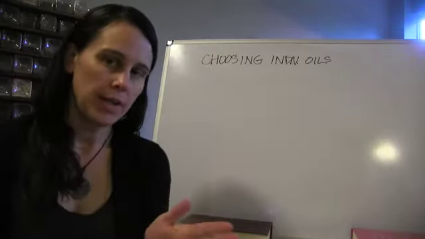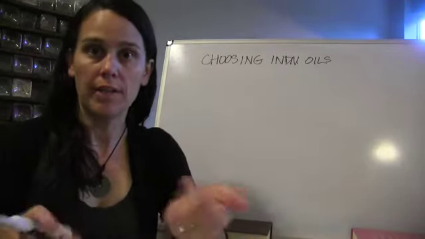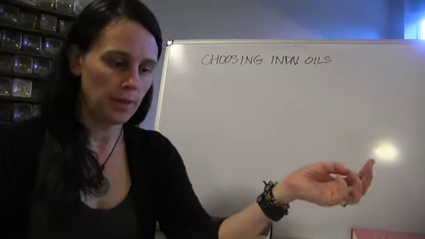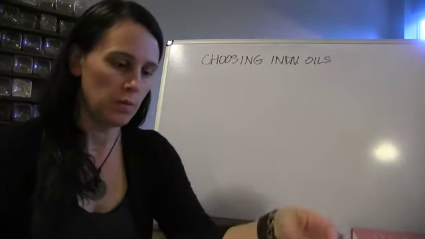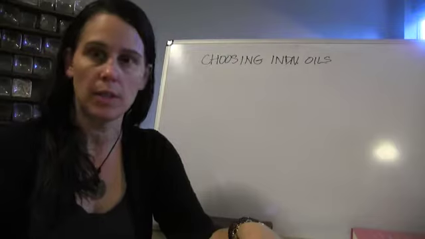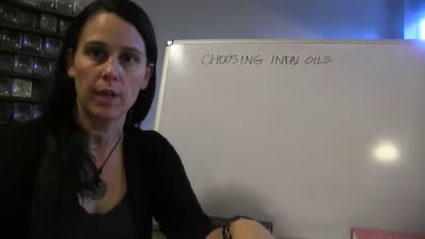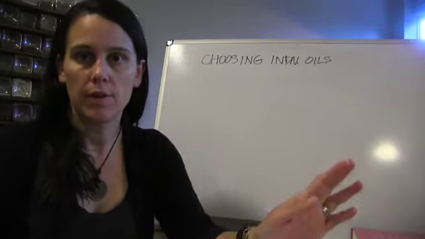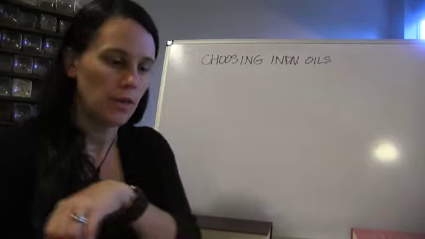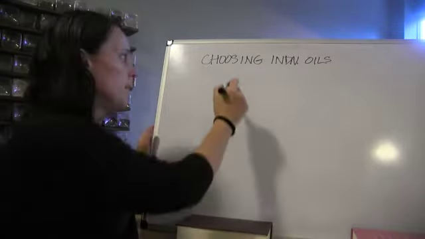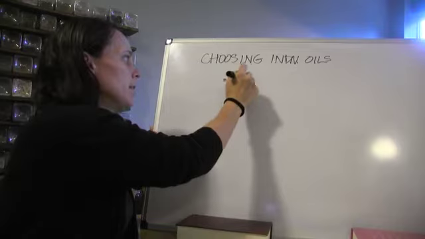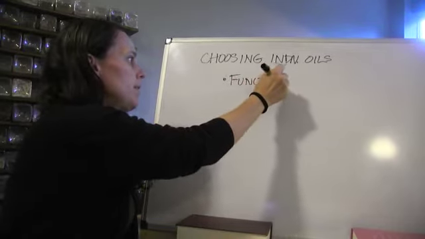That's why I talked about creating a larger list at first, of probably more oils than you're going to use, because as you begin to go through these steps and consider how these oils are going to all work together, some of them are naturally going to fall to the wayside and others will begin to look really good. So you want to consider, obviously, the functions of the oil.